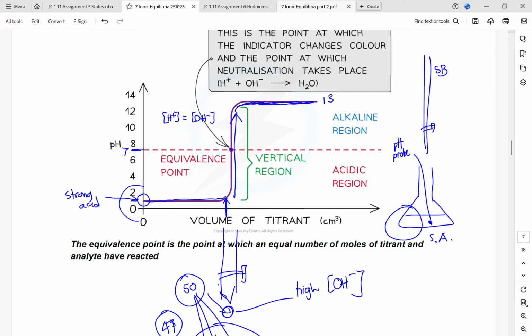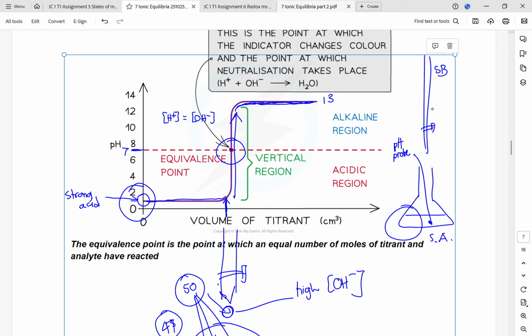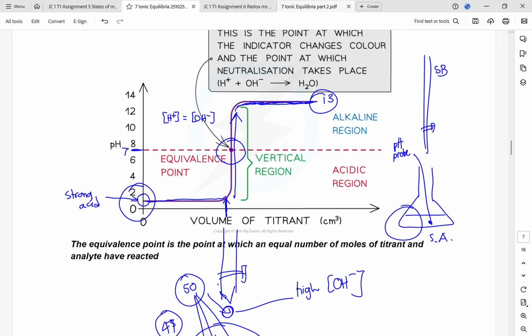First, the starting pH is 1 for strong acid. The pH of the equivalence point is 7 for strong and strong titration, strong acid, strong alkali. And the final pH is around 13 if you use strong alkali. So 1, 2, 3 points that you need to know.